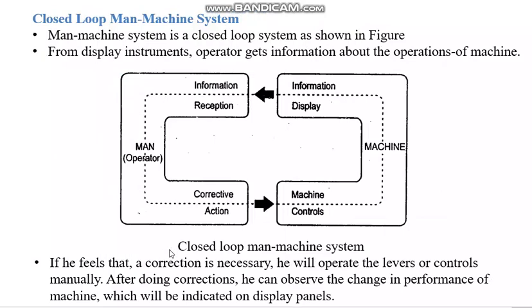Now let us come to this diagram here. This is a closed loop man-machine system. Here, you can see on one side we have machine, the other side there is man.